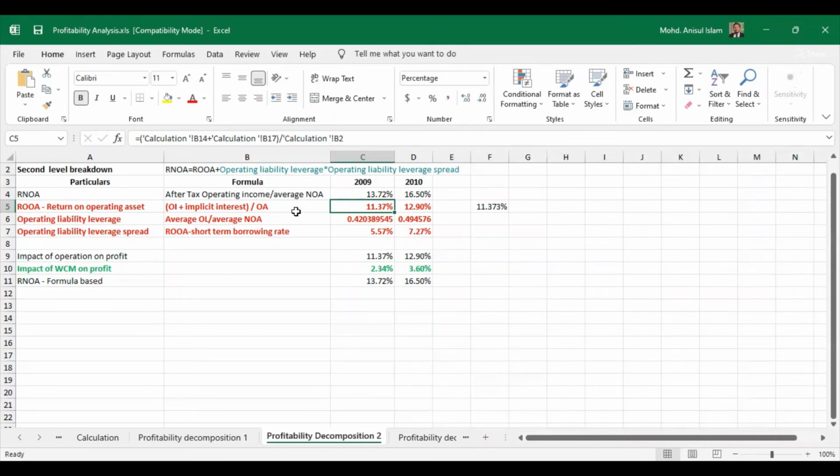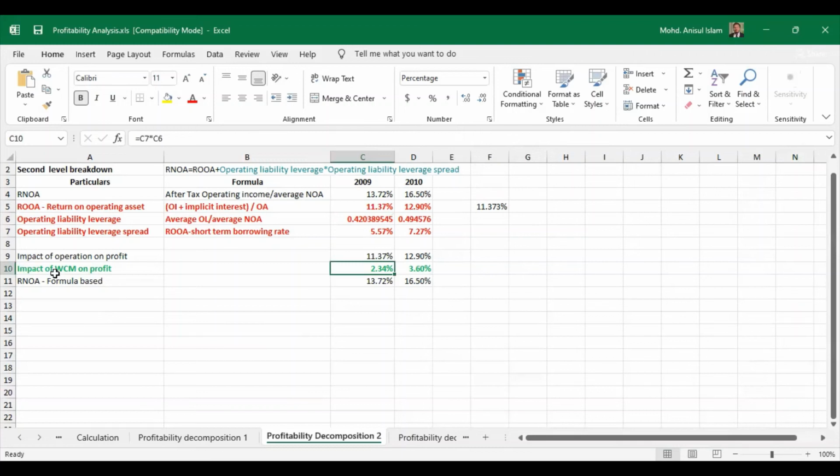You see there is a difference between the 13.72 percentage and the 11.37 percentage. This is around 2.34 percentage. So what does it indicate? It indicates that this value is coming from the working capital management.